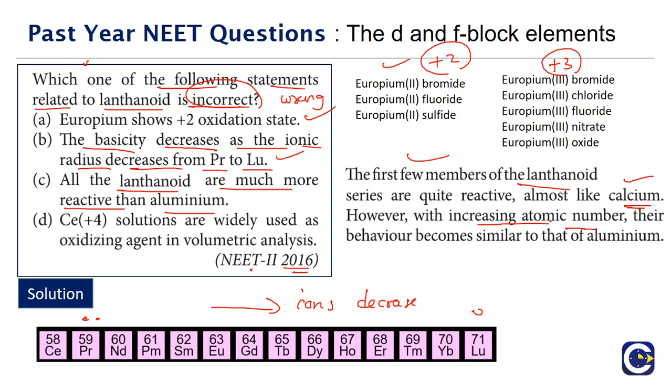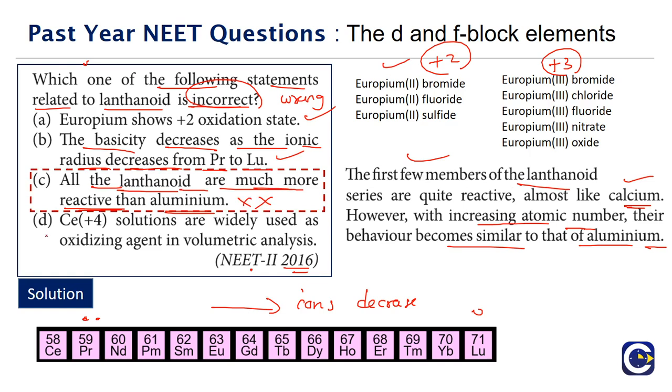So as the size is decreasing because of lanthanoid contraction, as we go to the higher atomic numbers, the reactivity will decrease almost to the level of aluminium. So if we say that all the lanthanoids are much more reactive than aluminium, this is incorrect. So option C is what? Incorrect one. And that's what we are looking for, right? We are looking for which of them is wrong.